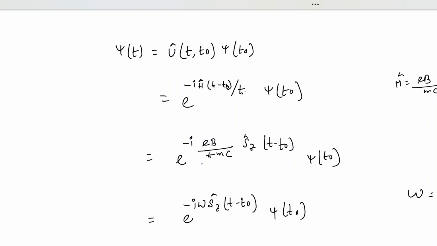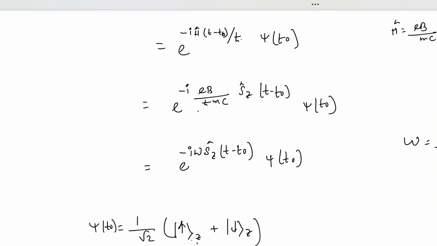Now similarly, when you have the initial state as 1 by root over 2 up, which is on the sz basis, so I am writing subscript z, then on each of these terms you will have the time evolution operator operating. So 1 by root over 2, e to the power of minus i omega sz (t minus t naught) up in z, plus e to the power of minus i omega sz (t minus t naught) down.